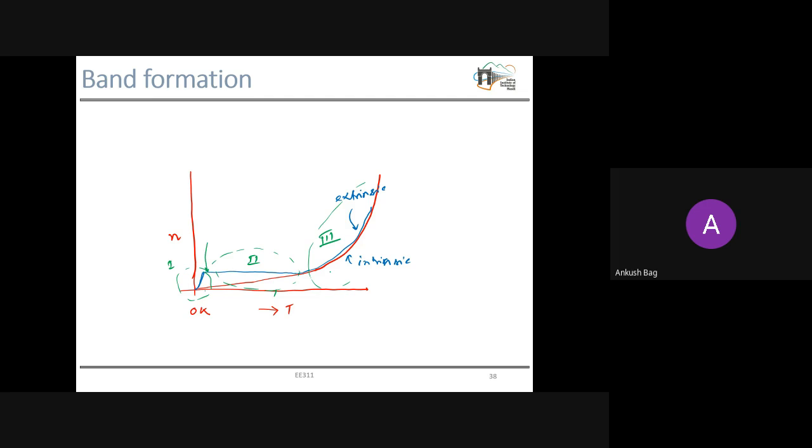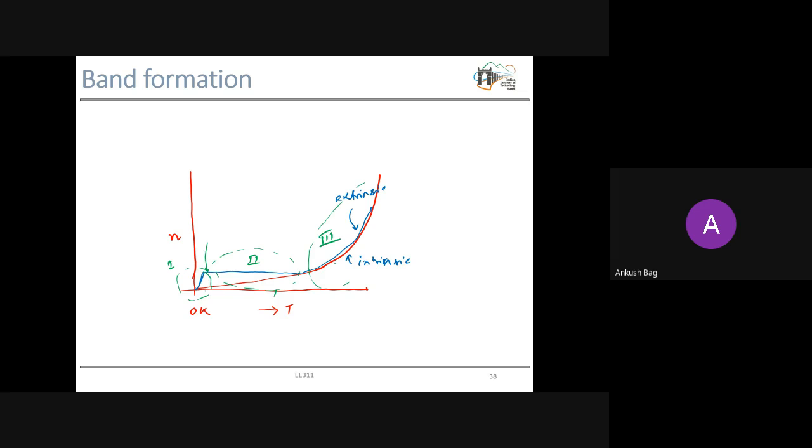Now if we use this temperature range, what will happen? With a slight change in the temperature, the carriers will change drastically. See, this is an exponential increment in the carrier concentration with temperature.